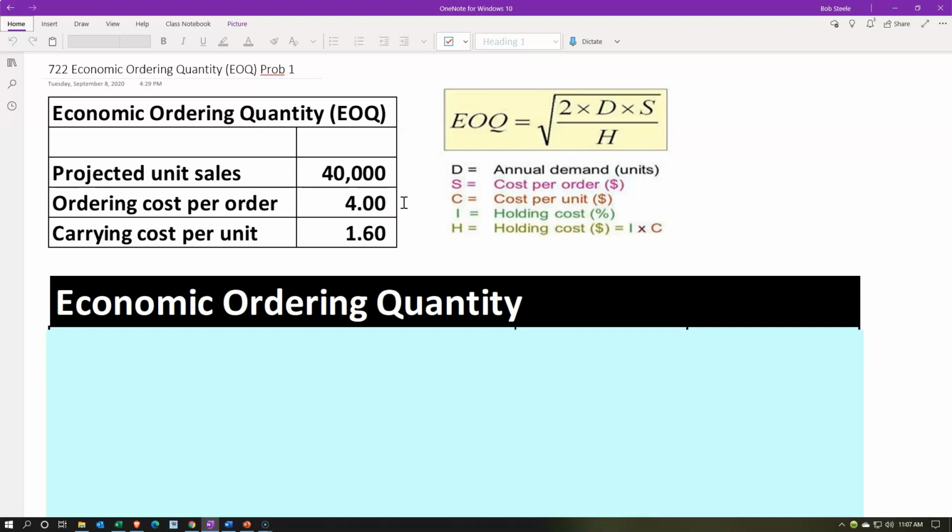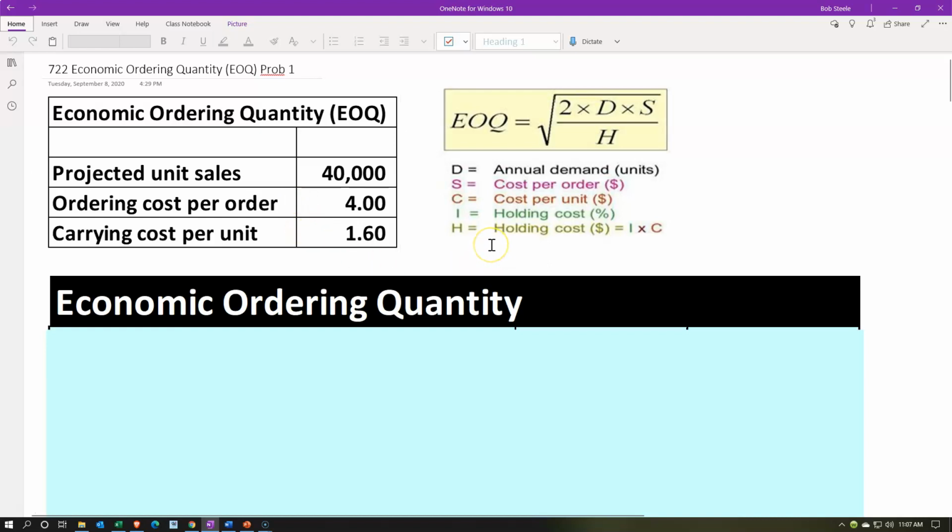Every time we make an order, that is the bureaucratic cost of us just processing the order. And then the denominator is the holding cost, and that for us is going to be 1.6. The holding cost is the holding cost for 1 unit over the time period, in this case a year, 1 inventory unit, not 1 order as up top with the $4, but 1 unit of inventory.